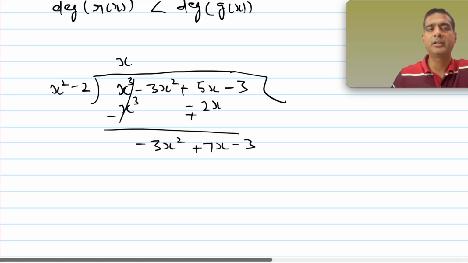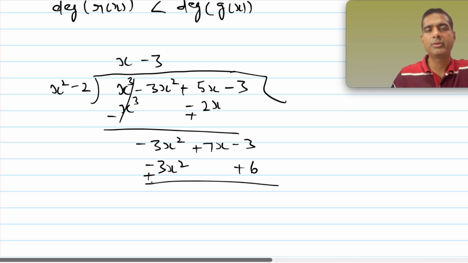Again, the highest degree term is x square, and here the highest degree term is minus 3x square. So I know by multiplying x square by minus 3, I will get it. So it will be minus 3x square, and negative 3 times negative 2 is plus 6. So from here, this will become positive, this will become negative, so this will cancel out.